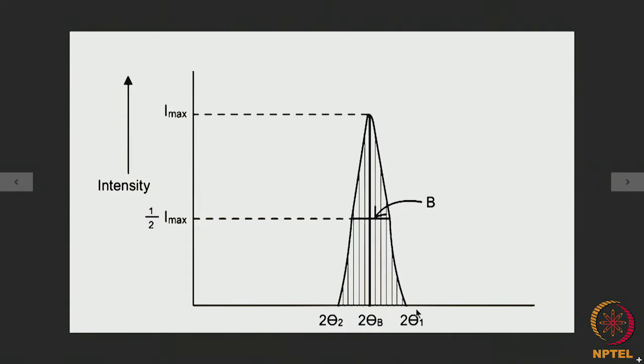Beyond that, practically no intensity is obtained. So, this line profile shows that even when Bragg's law is not perfectly satisfied, we will find some intensity. So, this is the non-ideal Bragg condition, and the reason is very simple.